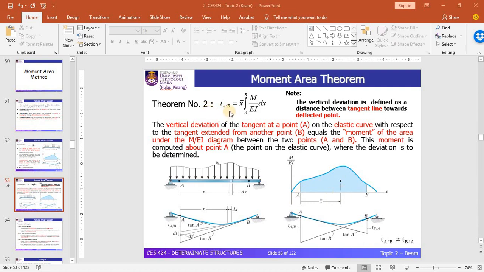If I want to calculate the vertical deviation for TBA, in this expression B comes first before A. So x bar is the distance from B to the center of gravity of this area between the limits A to B. I hope that you can understand how to use this equation. Perhaps at the moment you couldn't understand it. Maybe we can look at the examples later on.